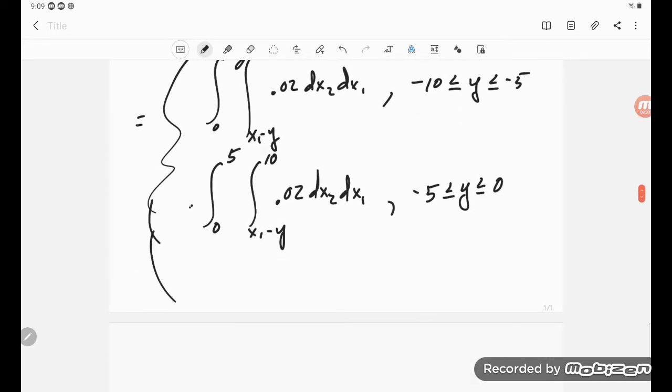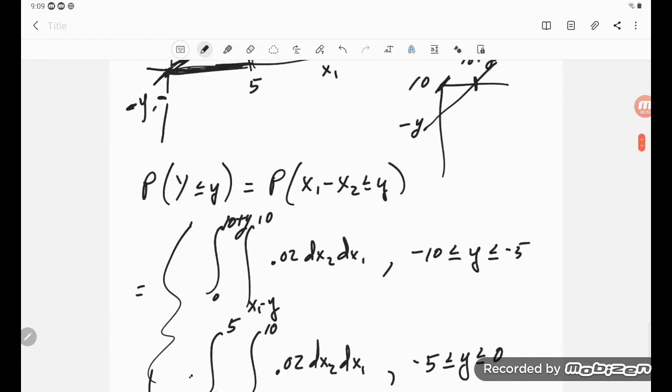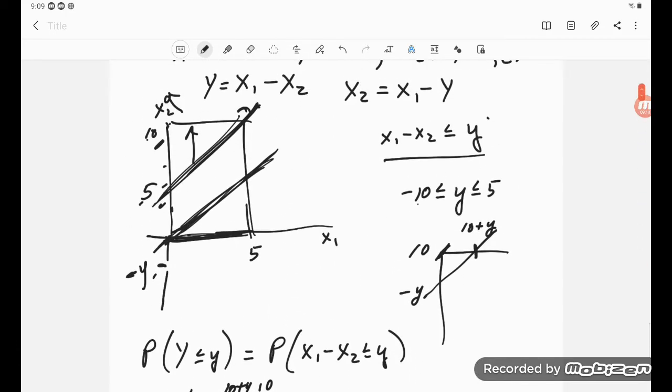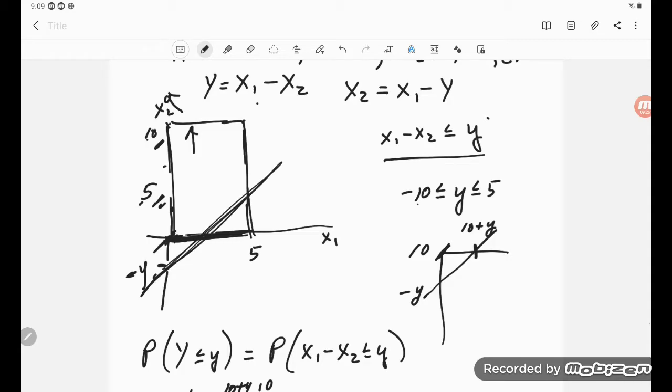And then finally, for our last one, we have something slightly different here. So now, okay, I'm going to erase that. At this point, now I'm looking at a line that maybe does something like that.